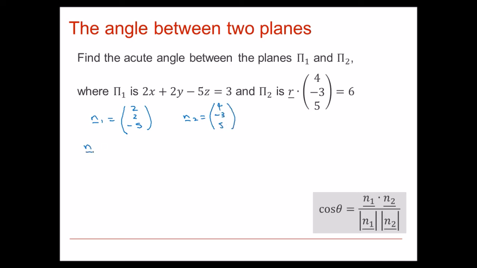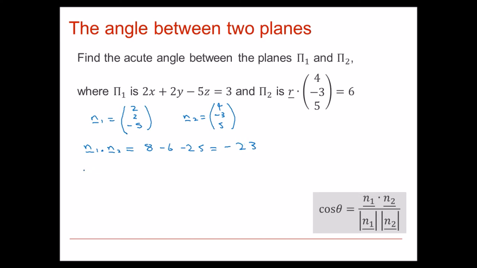I'm just going to dot them together first to work out their value. So that's 2 times 4, 2 times minus 3, and minus 5 times 5. So we get minus 23.